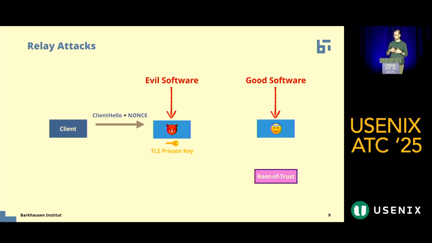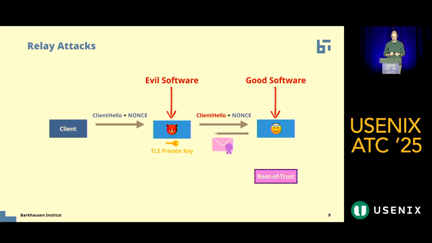So the client starts a regular TLS connection with the client hello and sends the nonce for attestation. And what the evil software now does is simply turn around and make its own TLS connection to the good version with a new client hello, because those are cryptographically independent, but passing along the same attestation nonce.